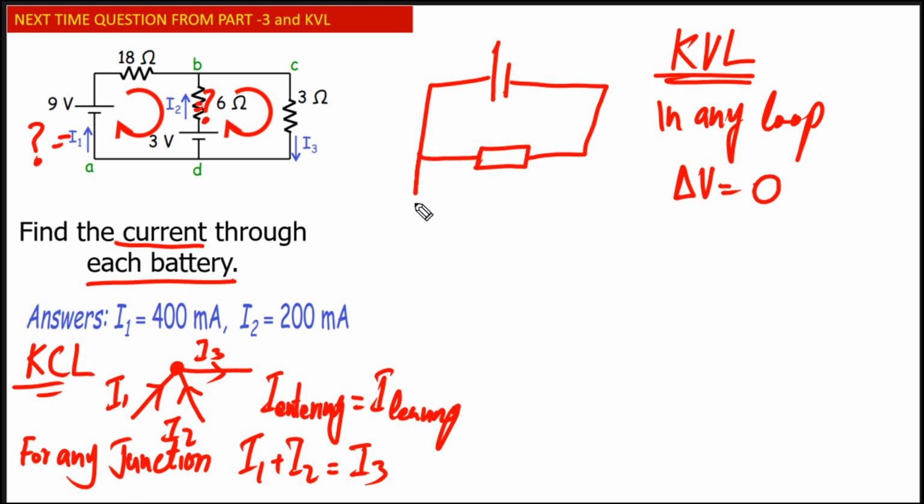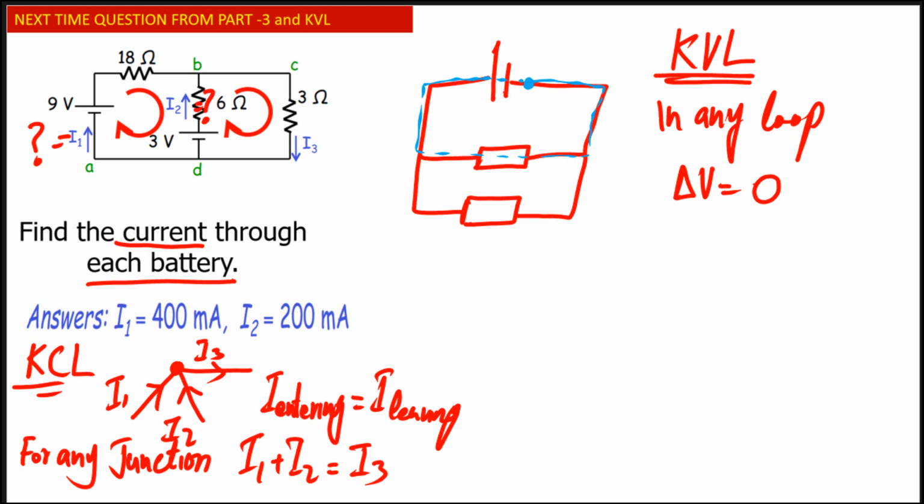So let me draw one more resistor here. Let's say we have two resistors and one battery. First thing we need to understand is what a loop is. A loop simply means if I start from this point, I go this way and I come back to the same point. This closed shape is called a loop.